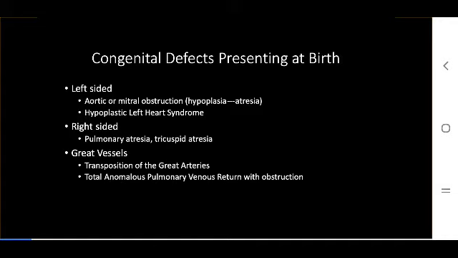He had done okay for a couple of months, and then he decompensated. Sometimes the milder lesions don't present at birth, and the kid does fine until there's some change in the physiology. Maybe the pulmonary vascular resistance decreases, and then they come into extremis.